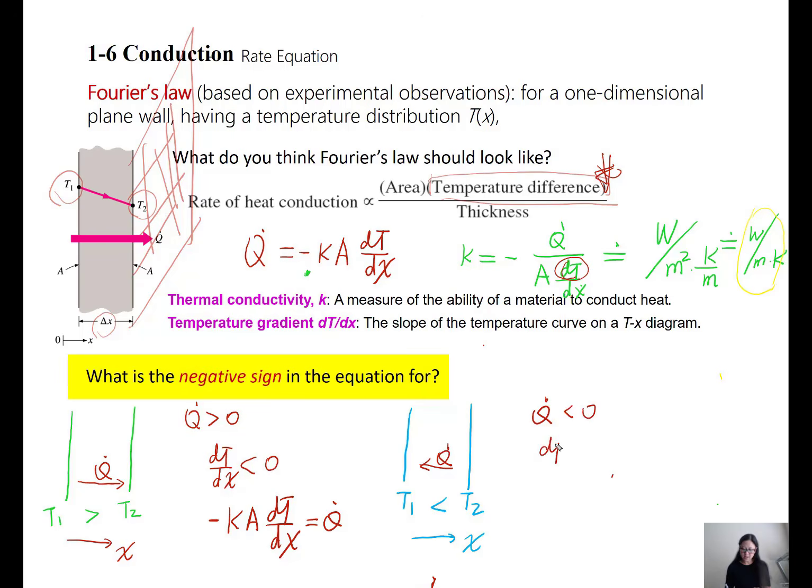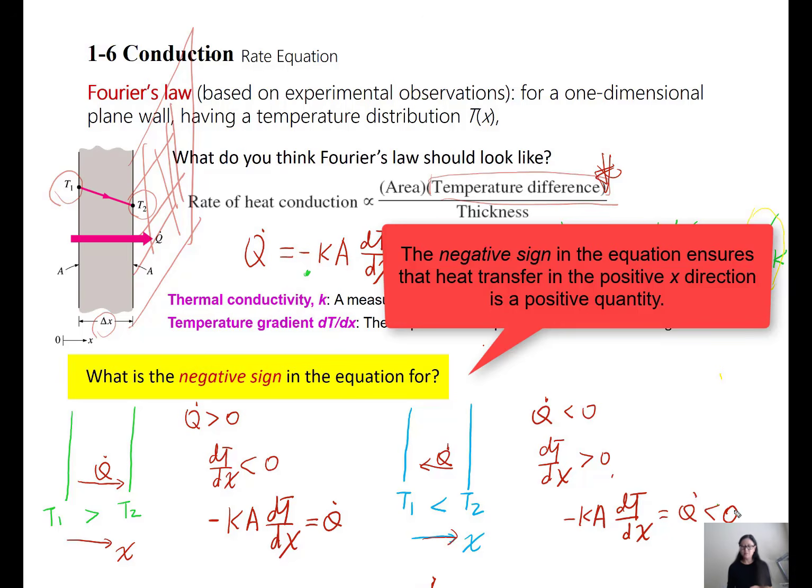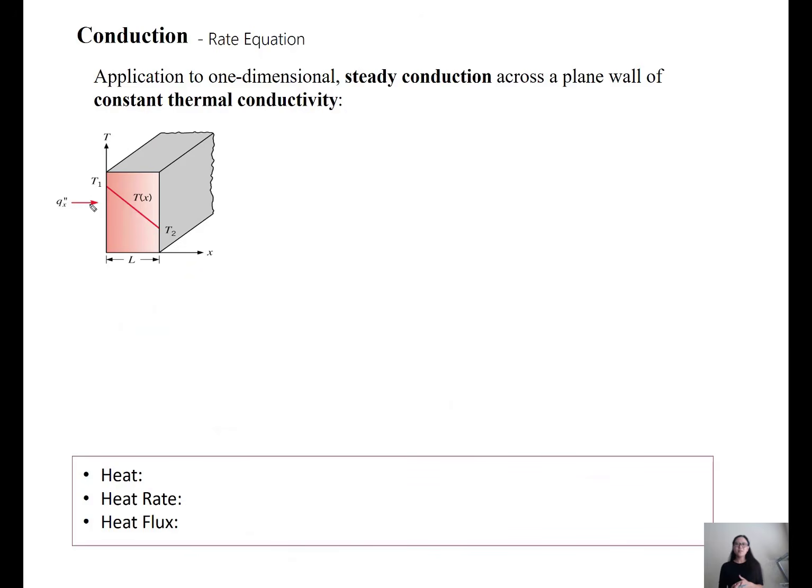What about dT/dx? For this case, temperature actually increases in the x direction. So dT/dx is larger than 0. Now let's use negative k dT/dx. Since dT/dx is positive and we have this negative sign here, we end up with negative Q, which is as expected.